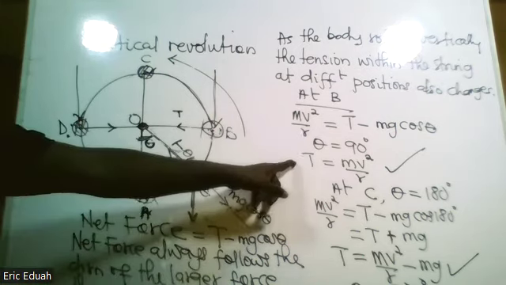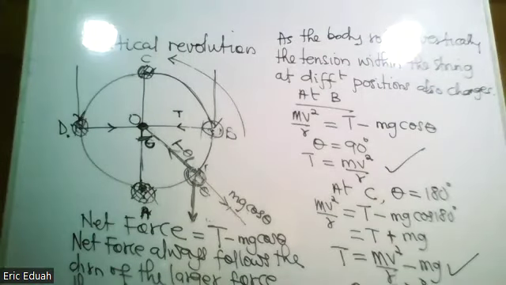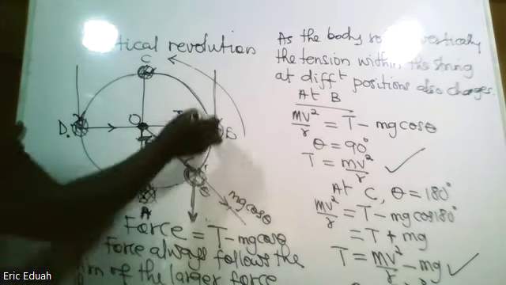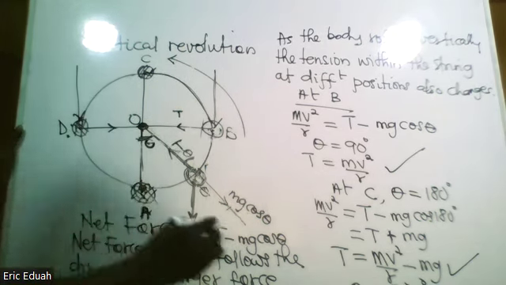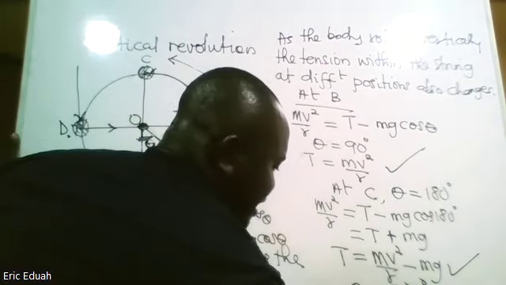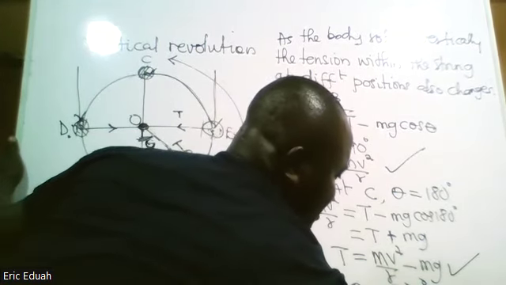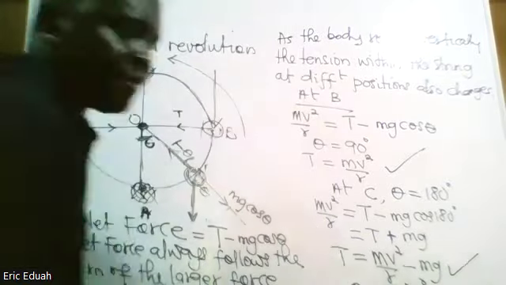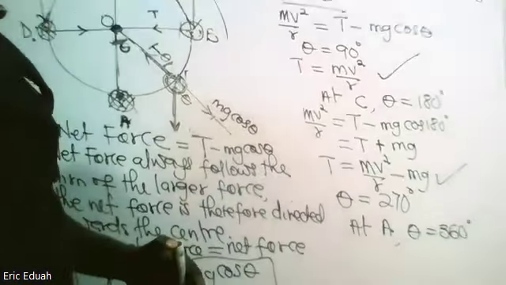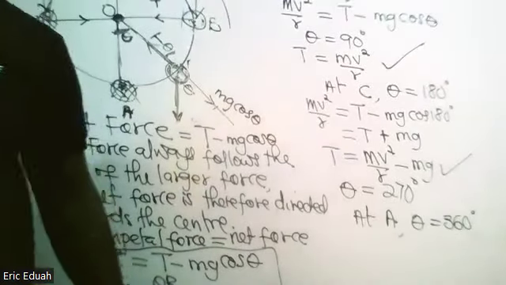Now, when the body rotates and comes back to where it started, at A, theta is equal to 360. So when theta is 360, what will be the expression for the tension, T? Do that for me.